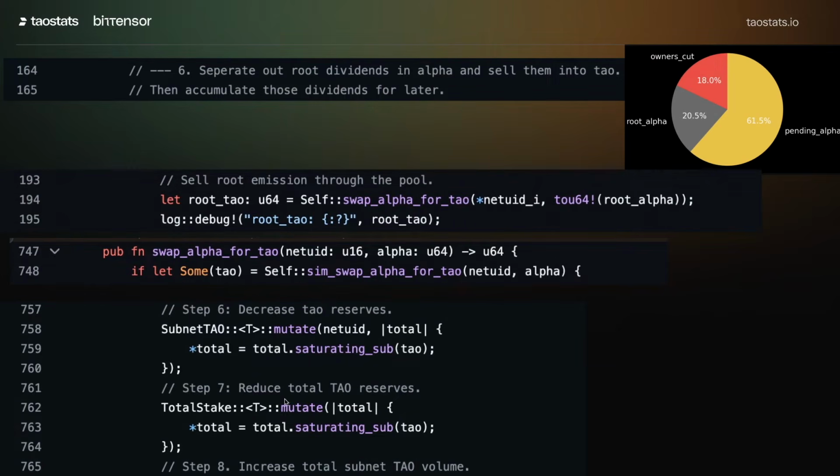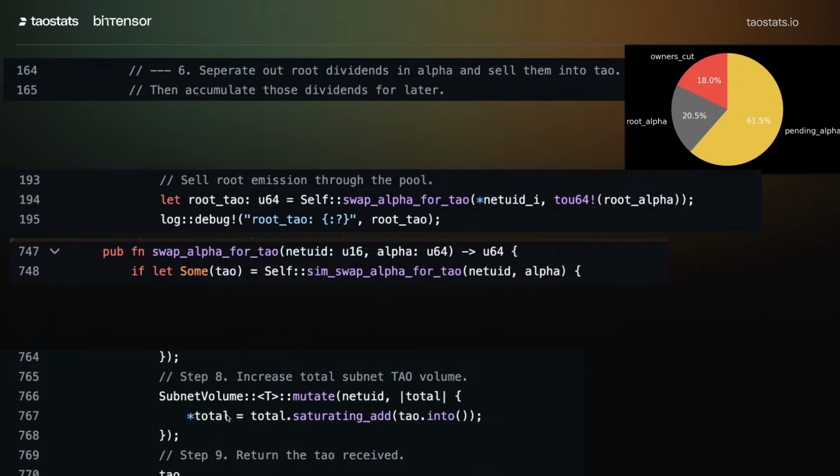And then the amount of tau being staked is also being decreased by that same amount. This is just that global tracking of the tau over time. And then we also track the amount of tau being bought and sold inside each subnet, so that increases the volume of tau moving in and out of the liquidity pool. And then we return the amount of tau that we've calculated.